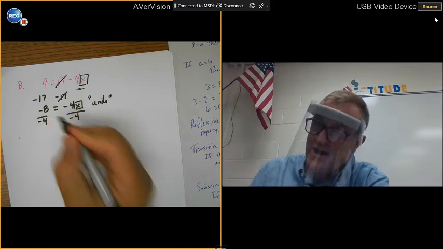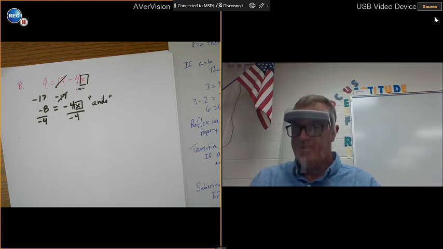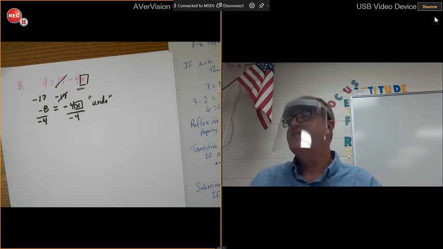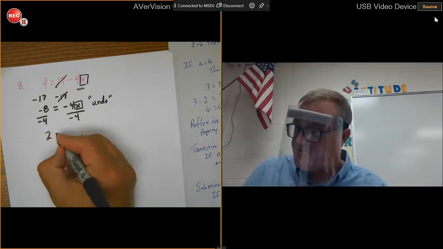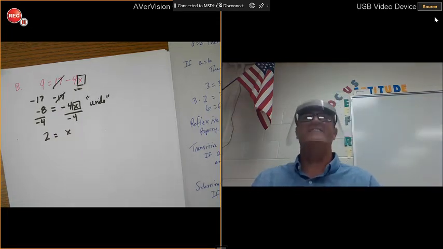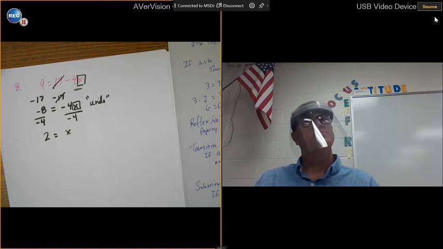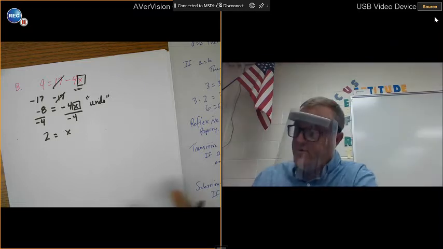What's negative 8 divided by negative 4? Two. Is it two? It is 2. That's right. What happens when you take a negative divided by a negative? It becomes positive. You remember those rules? Maybe we need to review.